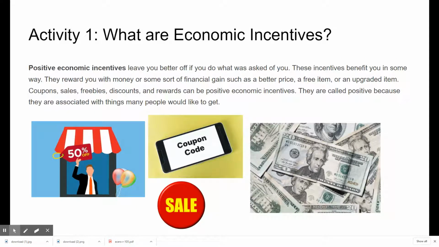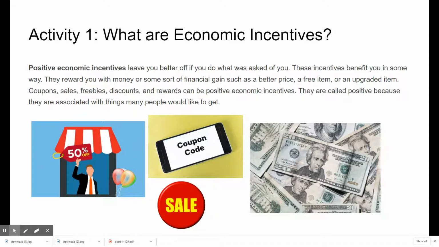So, positive economic incentives leave you better off if you do what was asked of you. These incentives benefit you in some way. They reward you with money or some sort of financial gain, such as a better price, a free item, or an upgraded item. Coupons, sales, freebies, discounts, and rewards can be positive economic incentives.